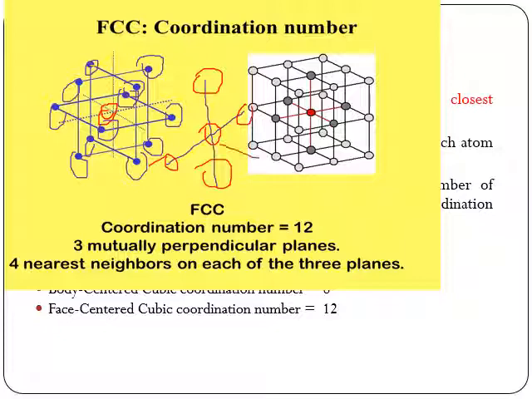There are two, one this side and one this side. So there are a total of 12 atoms which are surrounding.